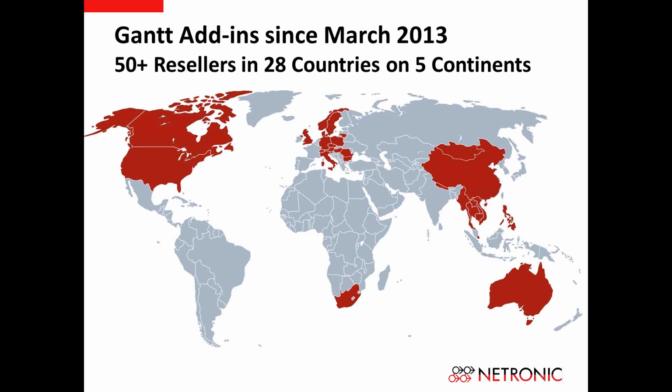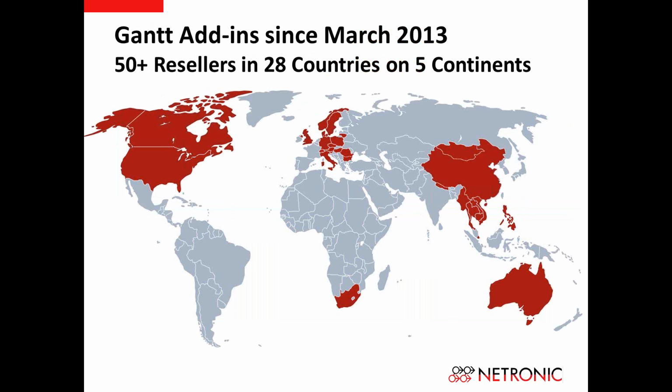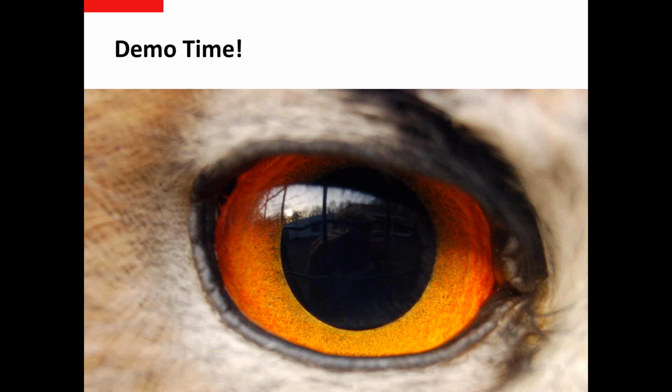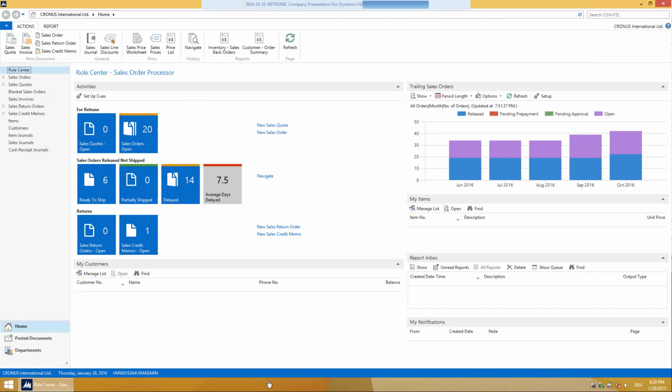So in 2 years' time, we managed to get a lot of traction, both from a product perspective, with enhancing the product portfolio and strengthening the product, but also from the market perspective. And a lot of the partners that we have already sold the first products and got the first implementations going last year. And so I think with this, this is enough about who we are, and now I suggest we look at the product.